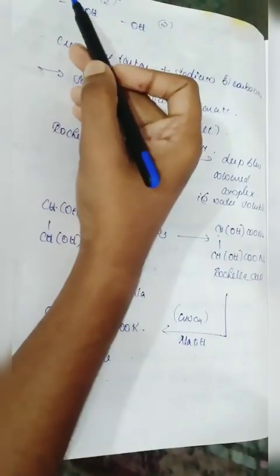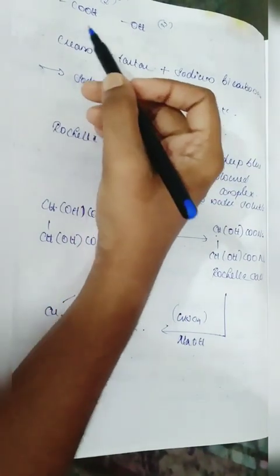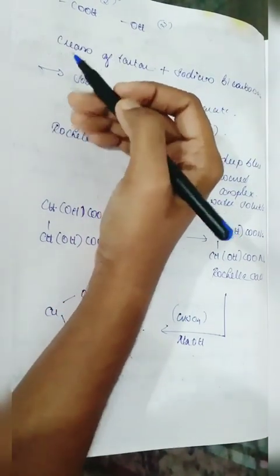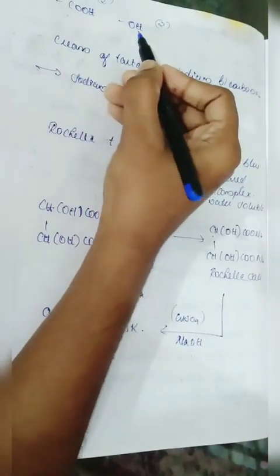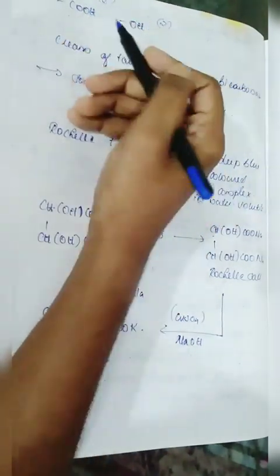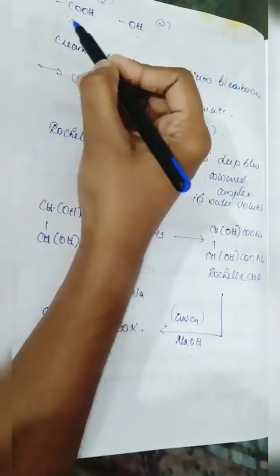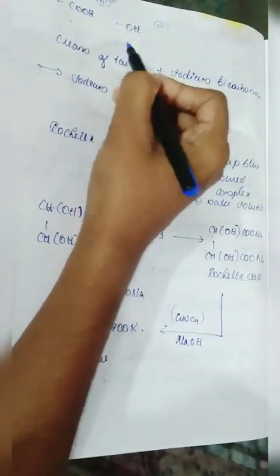Moving on to the next topic, the chemical properties of tartaric acid. I have told you in the structure that tartaric acid has 2 COOH groups and 2 OH groups, so this compound may have the properties of both groups.